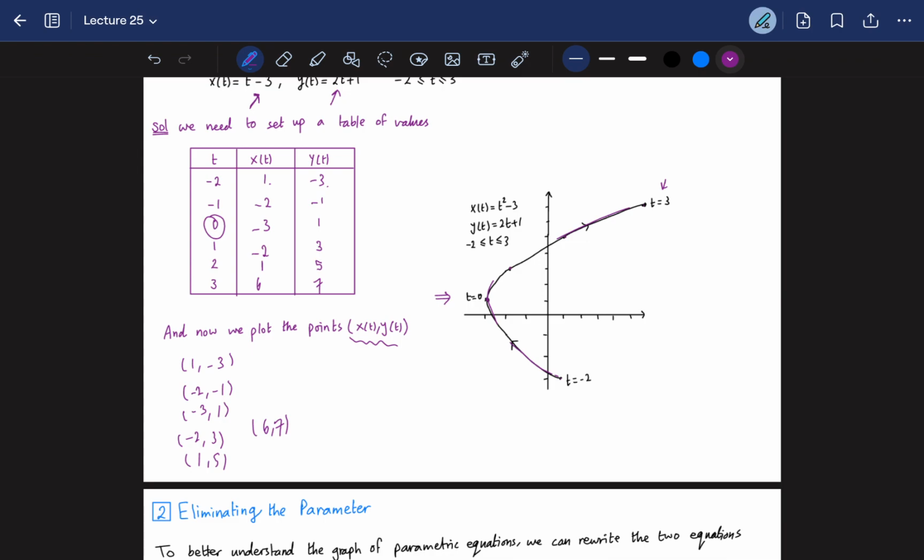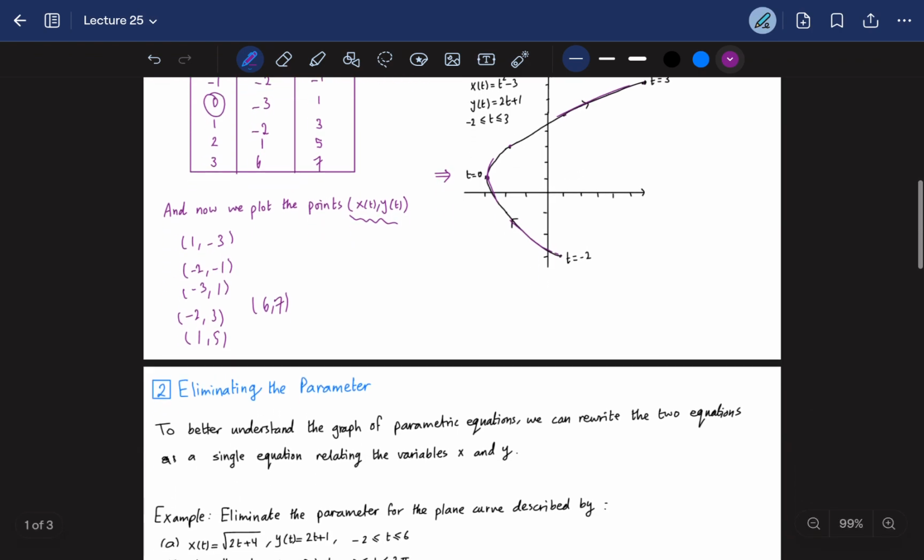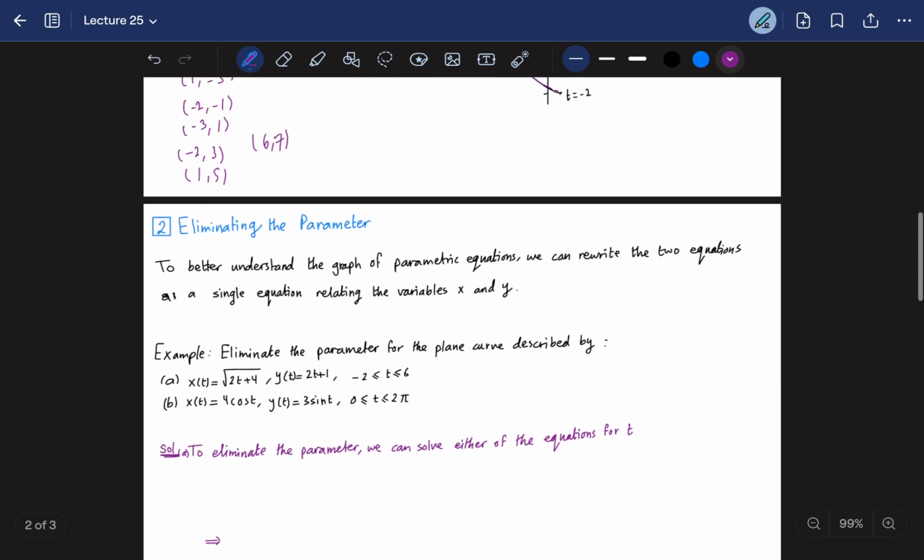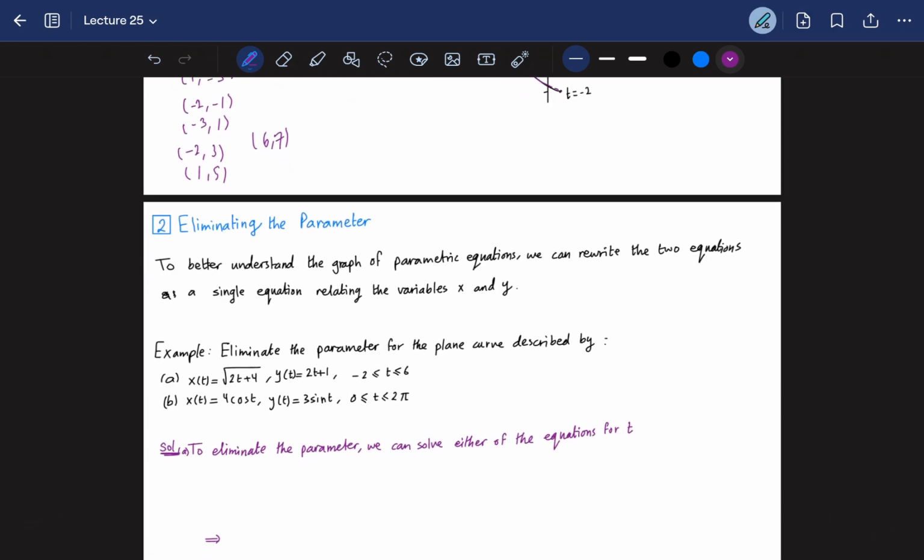That's it. The second thing that we need to learn is how to eliminate the parameter. Sometimes to better understand the curve of parametric equations, we can rewrite the equations as a single equation. So we want to relate x and y together and get only one equation.